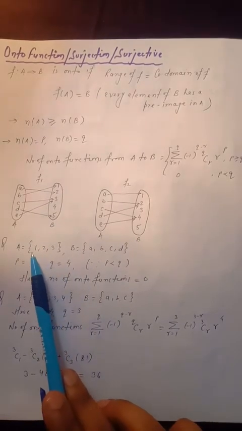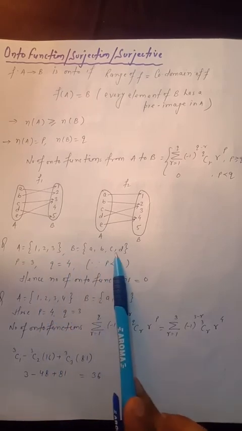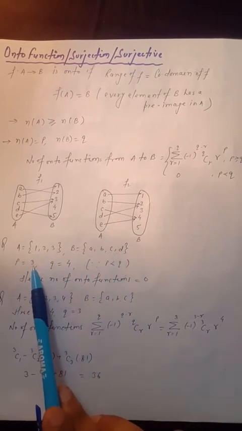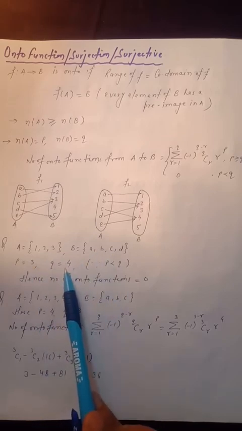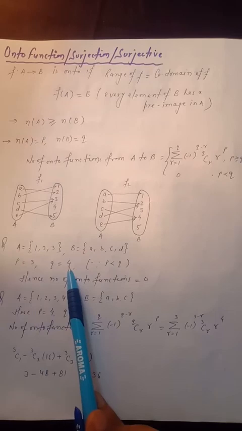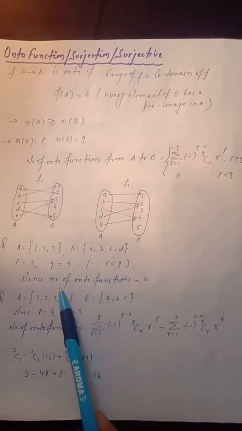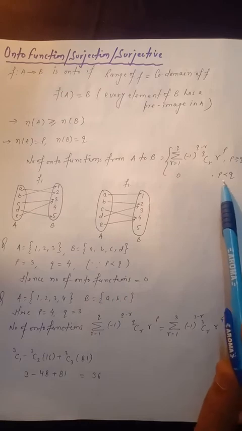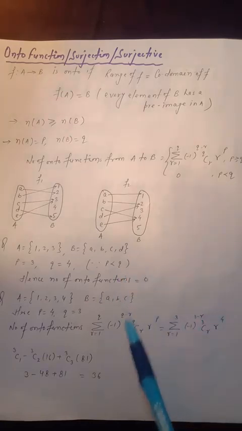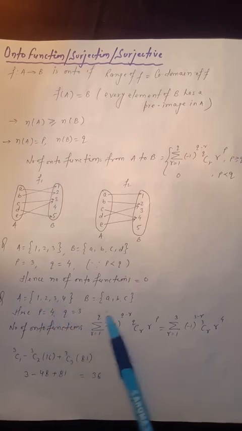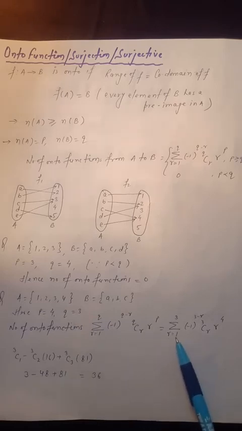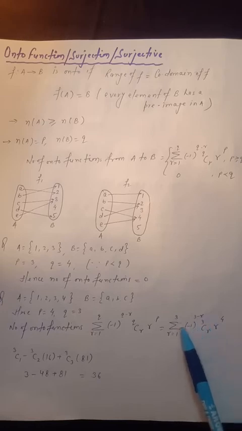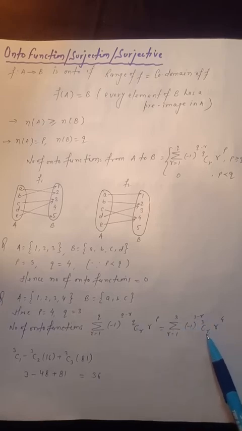Take one problem where A is {1, 2, 3} and B is {A, B, C, D}. The number of elements is 3 and here it is 4, but the value of P is less than Q, so there is no onto function, because the formula says when P is less than Q it is 0. Here P is 4 and Q is 3, so use the formula. The number of onto functions is the sum for r = 1 to Q, Q is 3, (-1)^(3-r) 3Cr r^4.